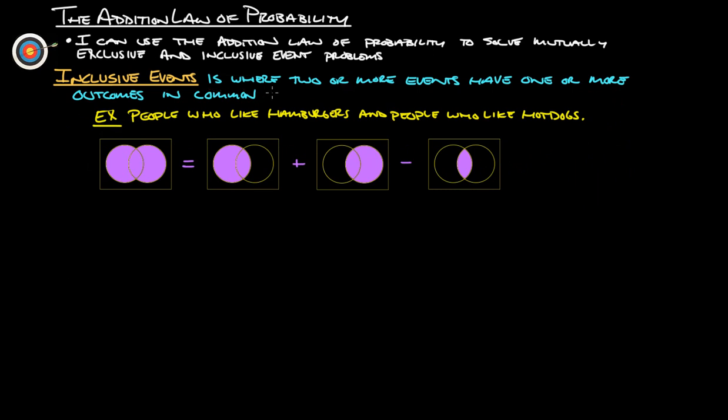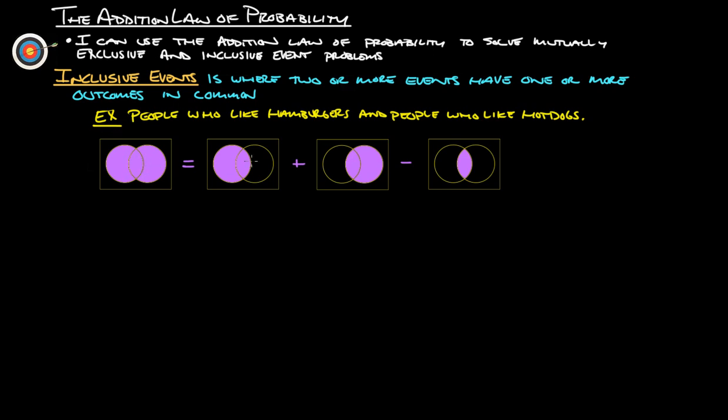Inclusive events are where two or more events have one or more outcomes in common. For example, people who like hamburgers and people who like hot dogs. This first group would be the hamburger people, and that would be the hot dogs. There's a group that likes just hamburgers, a group that likes just hot dogs, and a group that likes hamburgers and hot dogs.